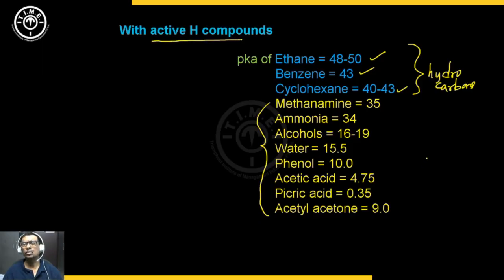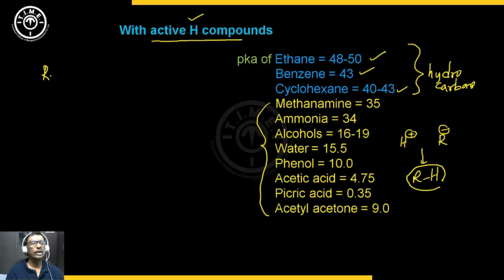Active hydrogen compounds are those which give out H+. And the Grignard reagent's R- is going to pick up this H+ to form RH. This is the reaction, right? So when Grignard reagent RMgX is there in the presence of an active hydrogen compound, what is going to happen to it? It is going to convert into RH. So RMgX is not going to remain. So let us look at that.